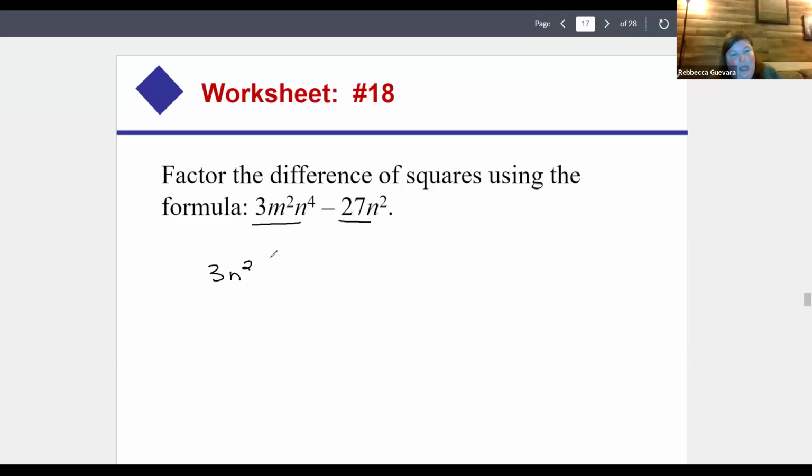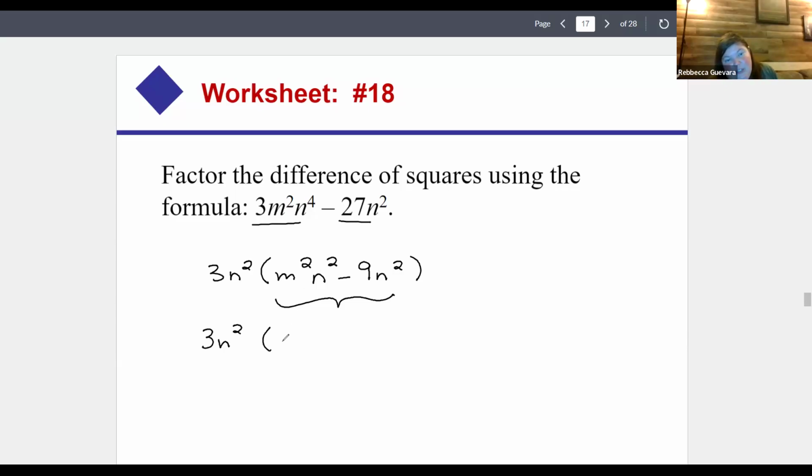So I can pull out a 3n squared, which leaves behind m squared and an n squared here. We still have that one, minus 9. So this is the part we're going to worry about being able to factor. I'm going to just keep this out here.